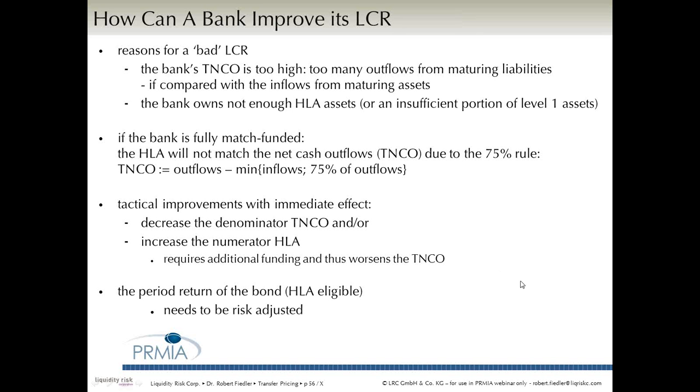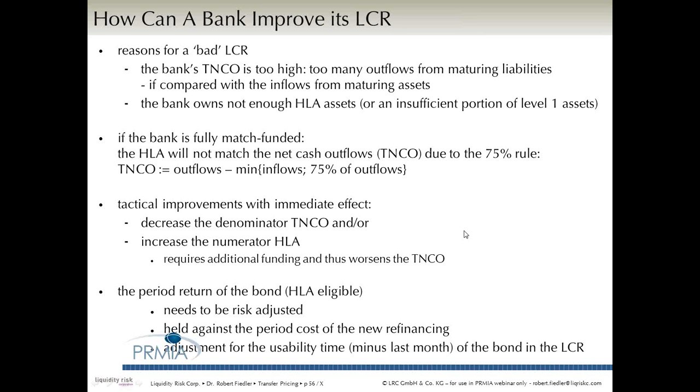And then you have to look at the period return of the HLR, which needs to be risk adjusted, held against the period of the new refinancing, which is necessary, and then the adjustment has to be made for the usability time of this HLR, because a new bond cannot be used in the HLR in the last month of its life. So if you would buy very short bonds, which would be the cheapest one, it doesn't work because they are ineffective in this calculation in the last month.